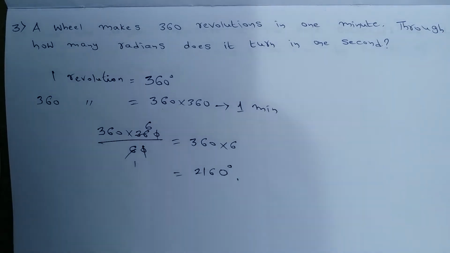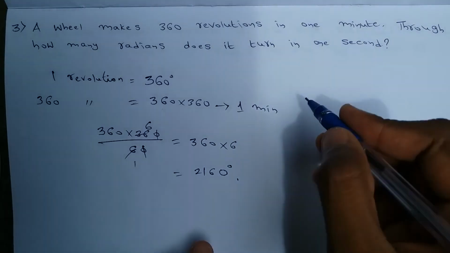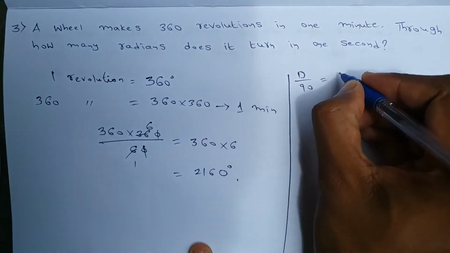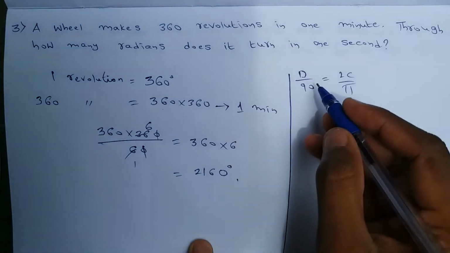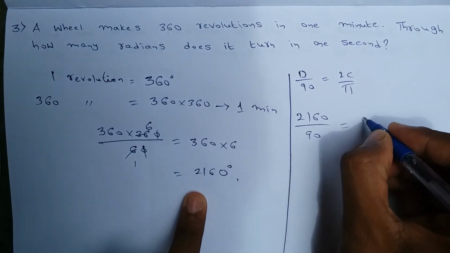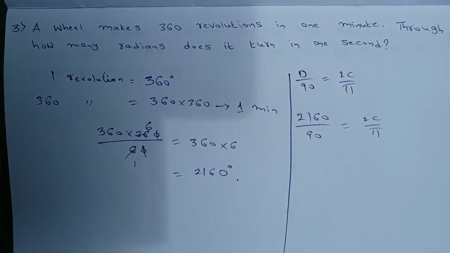Convert it to radians. We have the formula, D by 90 is equal to 2C by pi. In the place of D, 2160 divided by 90 is equal to 2C by pi.